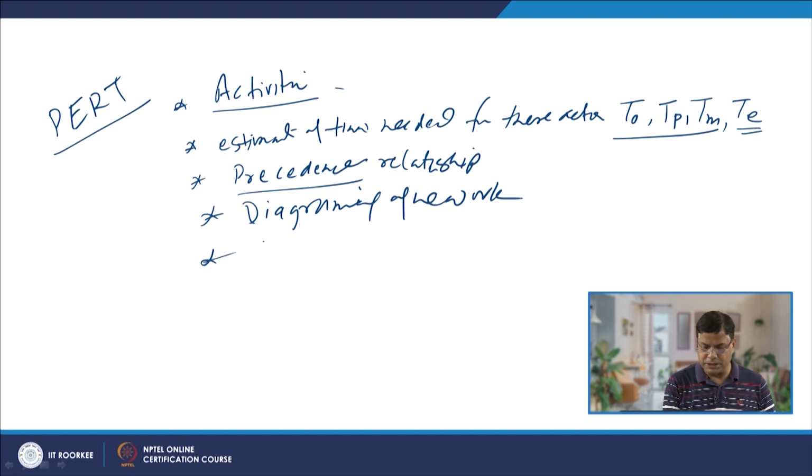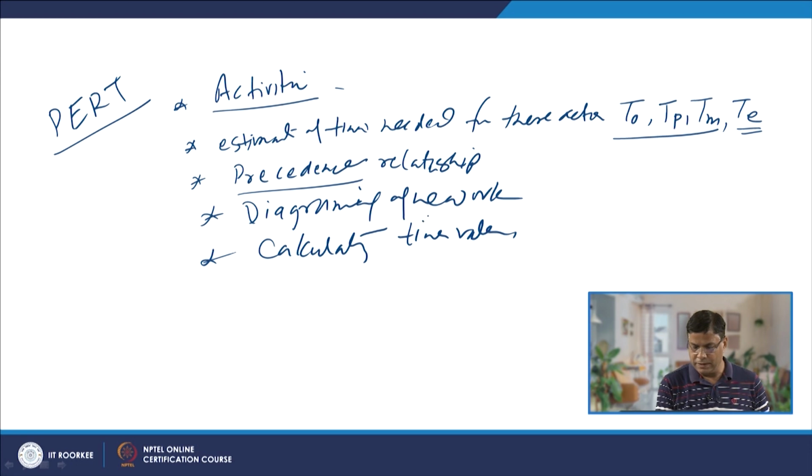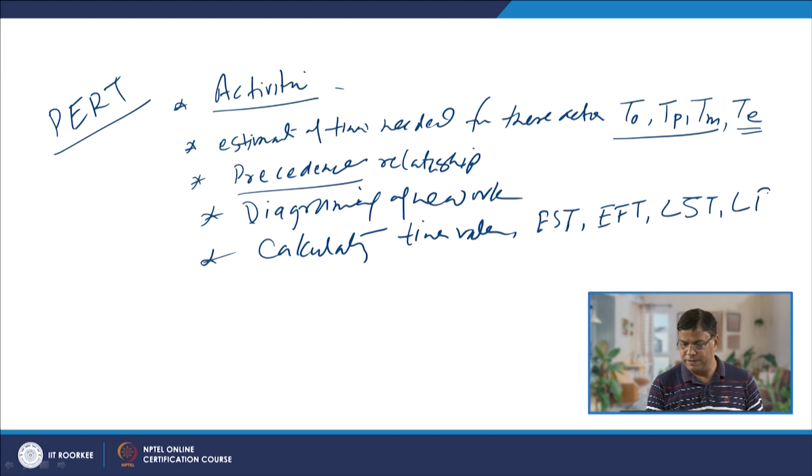So, that is about diagramming the network considering the precedence relationship, and then calculating the various time values for the network, like earliest start time, earliest finish time, latest start time, latest finish time, and the slack time.